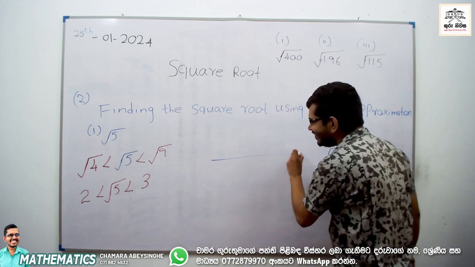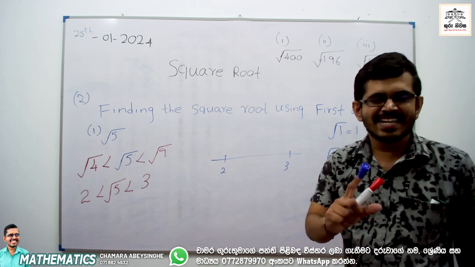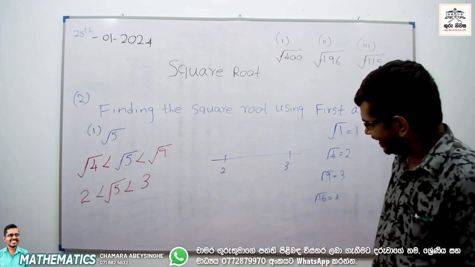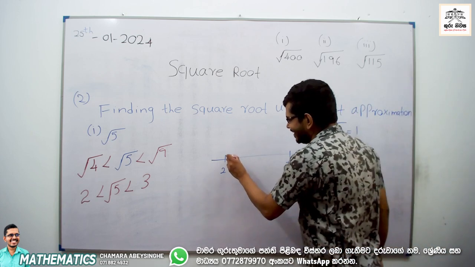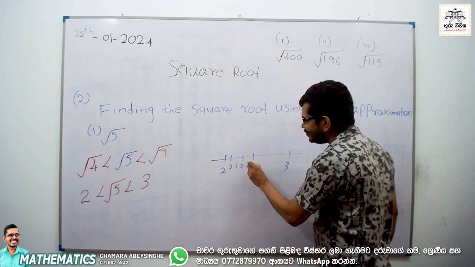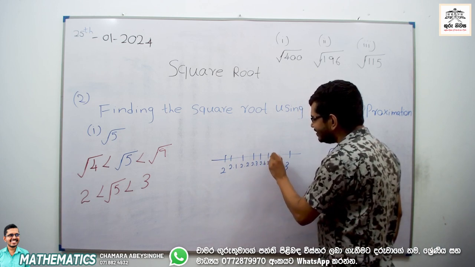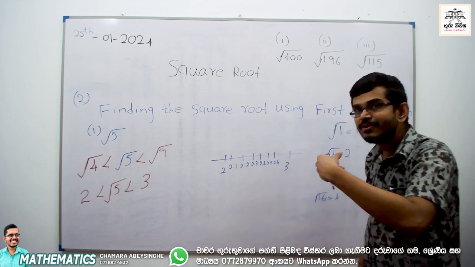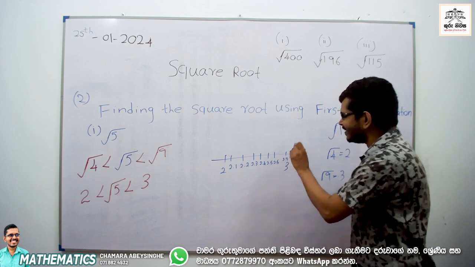The number line අඳින්න ඕනේ නැහැ පුතාලා. First example එකකින්ද මම explain කරන්නේ. Between 2 and 3, student, we can get 2.1, 2.2, 2.3, 2.4, 2.5, 2.6, 2.7, 2.8 and 2.9.